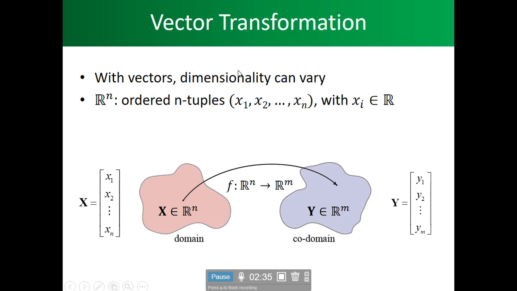With vectors, they have many dimensions. We usually work with 2 dimensions, and now we're working with 3 dimensions. And when we work with time, we work with a 4th dimension, and we can go all the way up to n different dimensions.